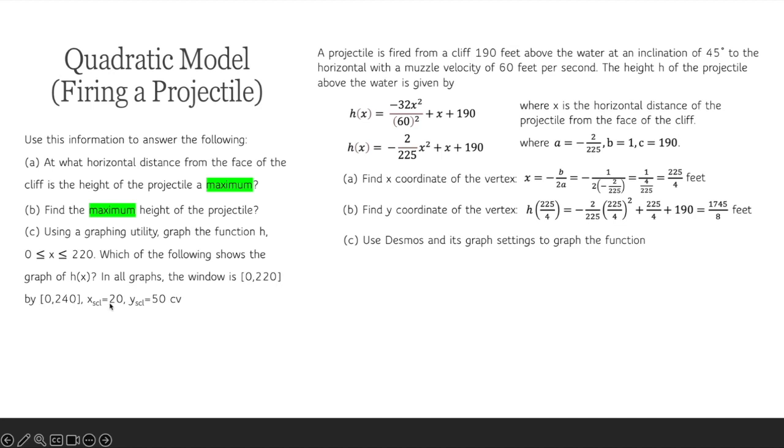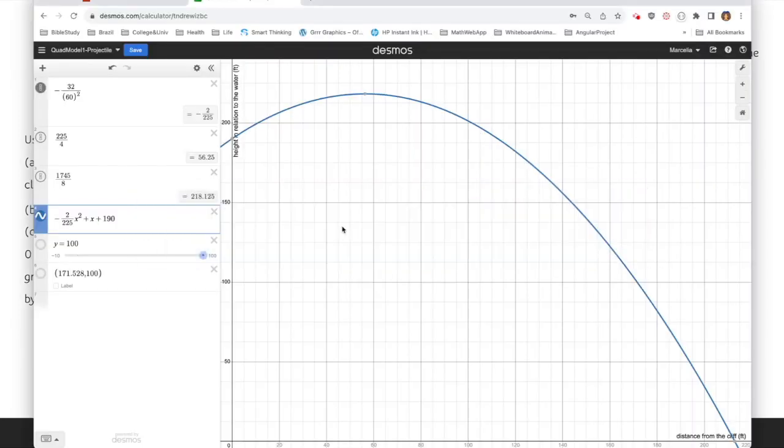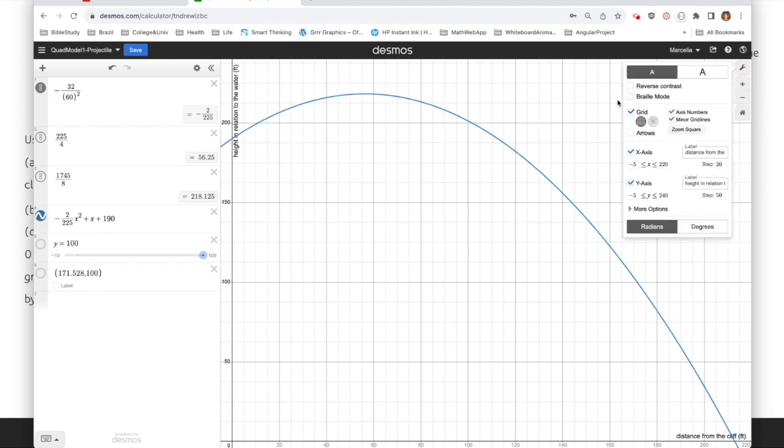And the tick intervals: I'm going to do intervals of 20 for the x and intervals of 50 for the y. My y is the height. So here it is. I typed the quadratic function, but when I plot, it didn't show like that. So I came here to the settings and I followed those settings.